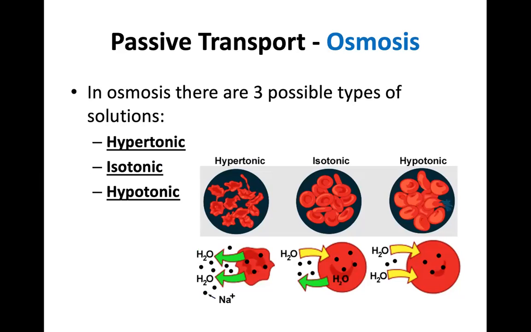So that means that there is more salt or solute on the inside and less water. Okay? So the best way to think of that is being dehydrated, right? Because you don't have enough what? Water. Okay? In hypotonic, the cell is going to swell or even burst. Okay, but the cell is going to get bigger.